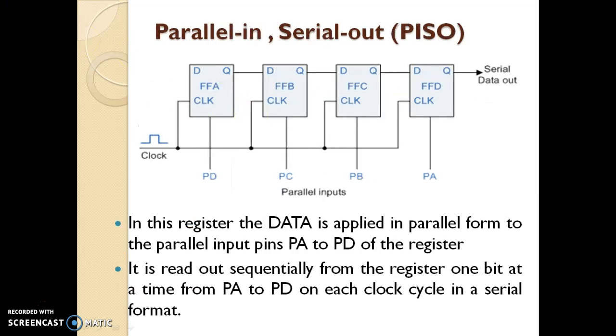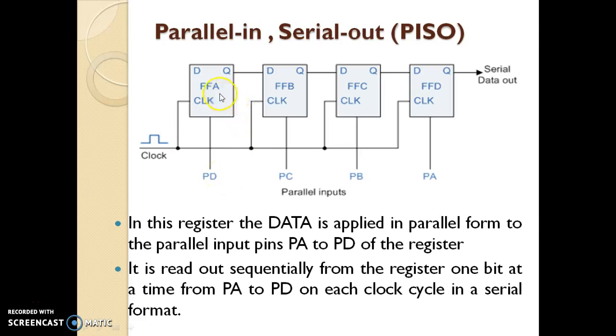Now the next is parallel in serial out. In this flip-flop arrangement, the data input is given in parallel to all 4 flip-flops simultaneously, through the inputs PA, PB, PC and PD.